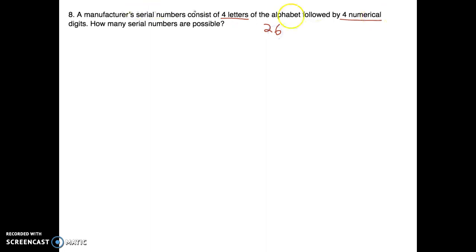And for the 4 numerical digits, there's going to be 10 total digits, 0 through 9. So we're going to have our 4 letters followed by our 4 numbers, a total of 8 things. The 4 letters go first. Remember, we're going to assume that they can repeat. So you could have, like, 4 A's in a row.